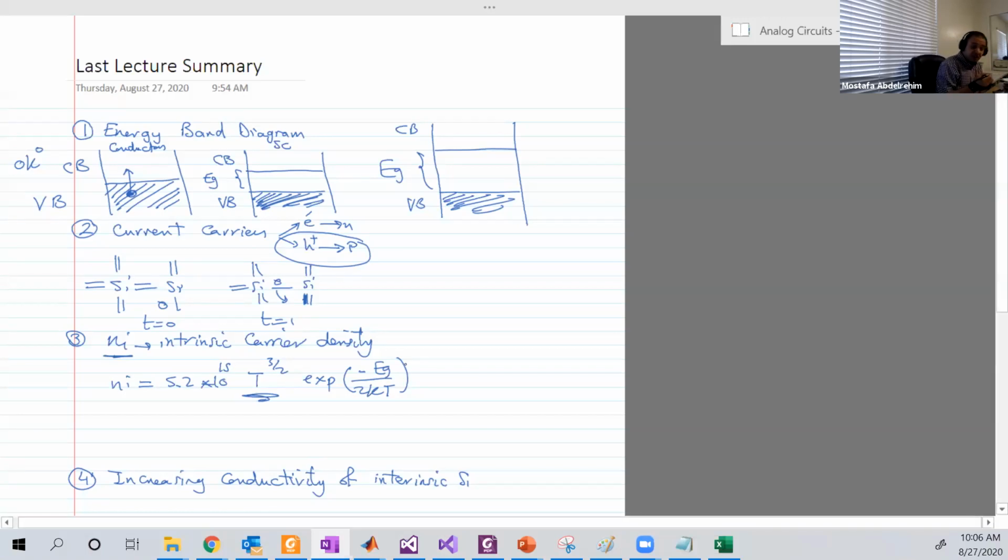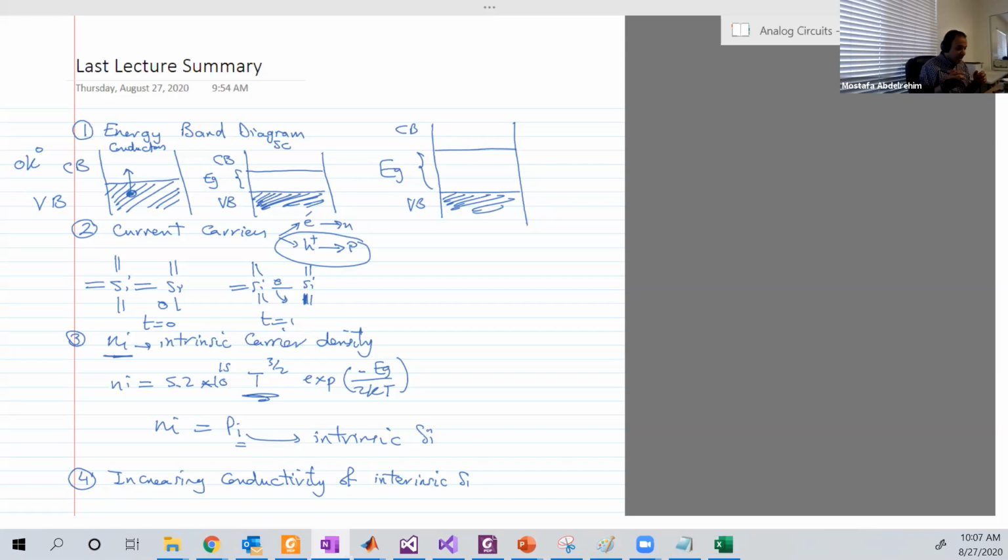And we said that the material is always neutral. So Ni equal to Pi. By the way, there is nothing called Pi. All of them is as Ni. And i here means intrinsic. Intrinsic silicon, for example, is a silicon without any impurities, without any atoms from another material.